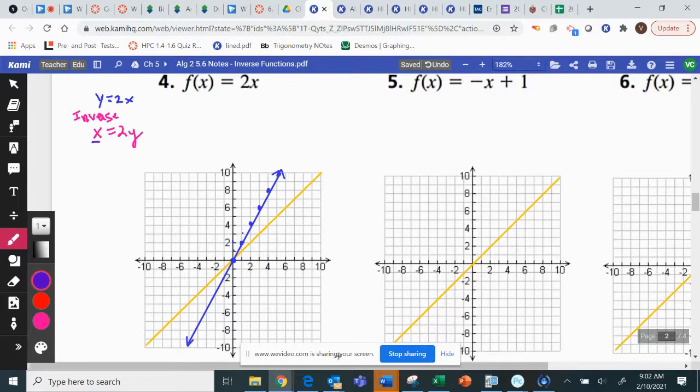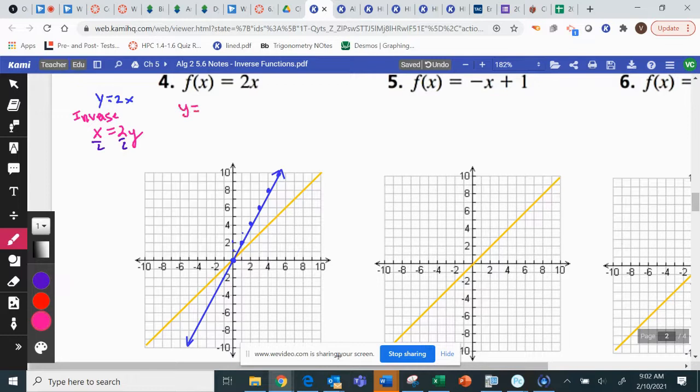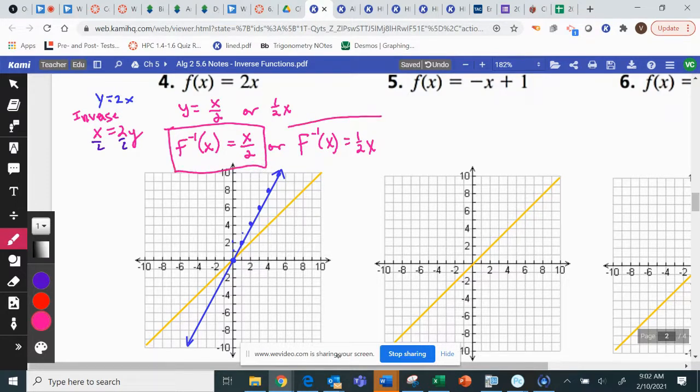I'll have to divide both sides by 2. And then finally, I write it as a function. And I wrote it 2 different ways. Either is totally fine with me.